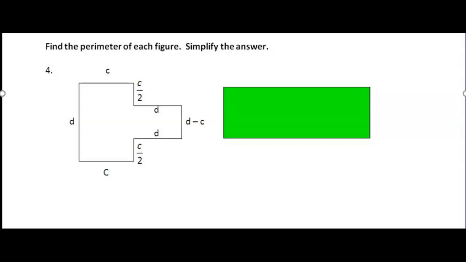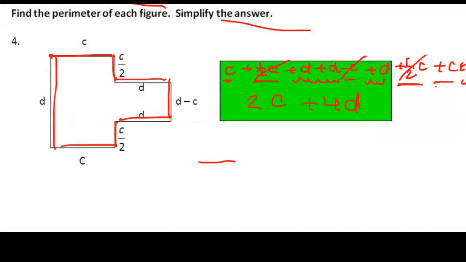So if we start at the top, you have C. Going down, you have half a C. Then you have D. Down, we have D minus C. Going over, you have a D. Down, another half C. Over, a C. And back to the top, one last adding of a D.